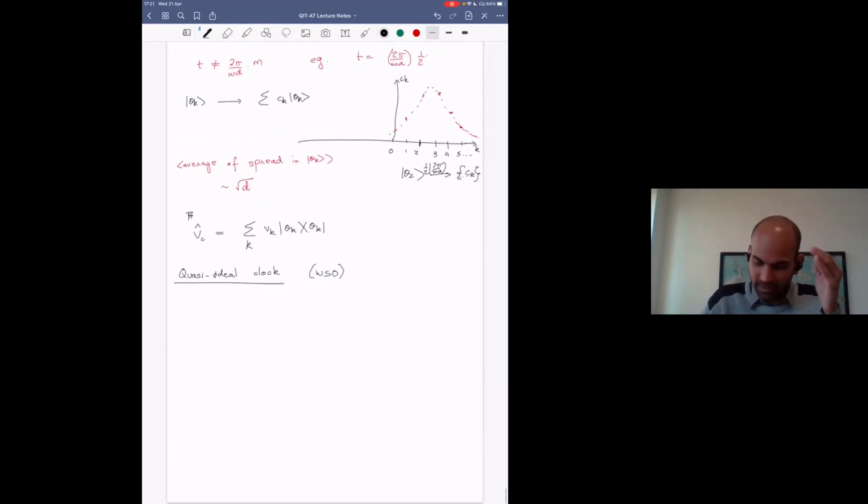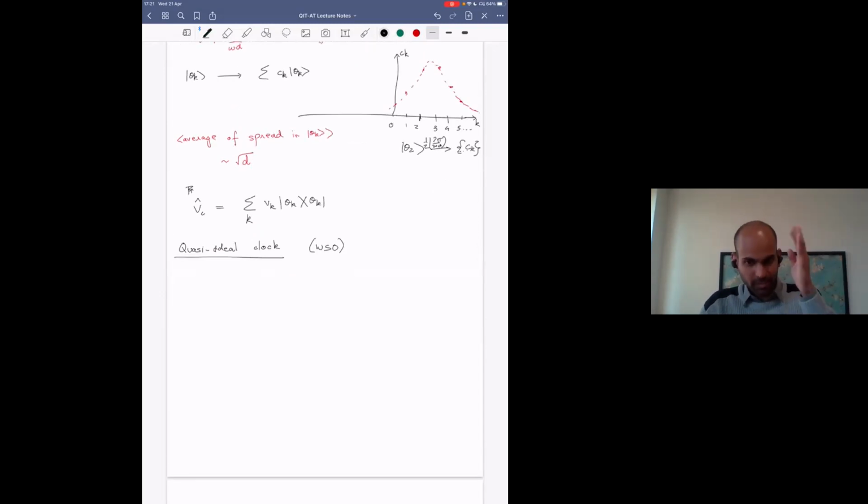The idea is the following. Rather than start in a Peres state, we start in a Gaussian superposition of Peres states.